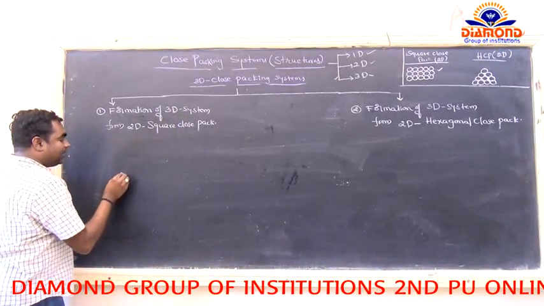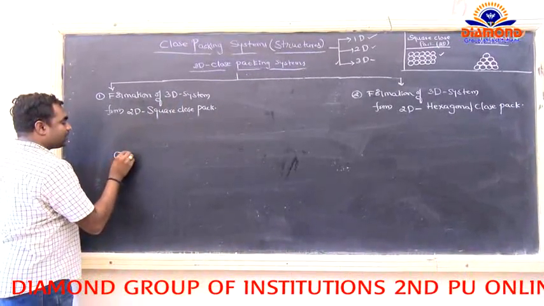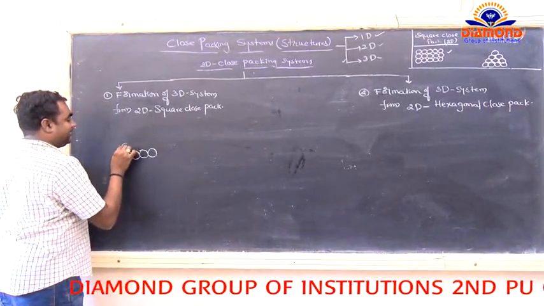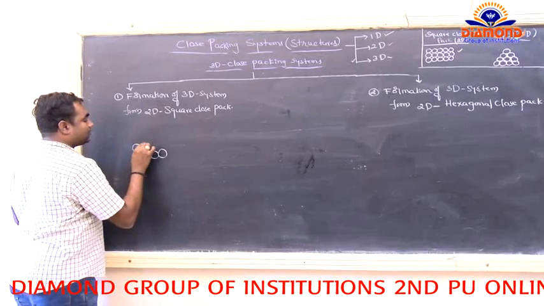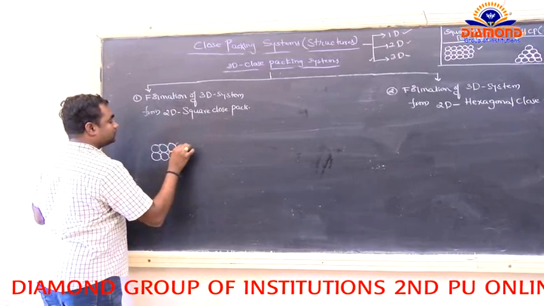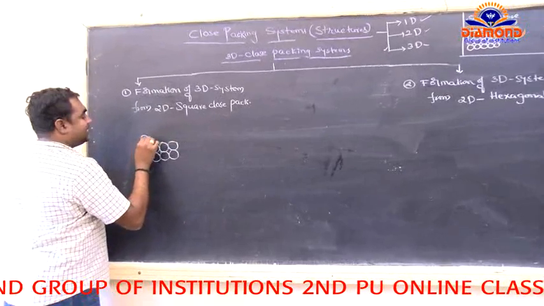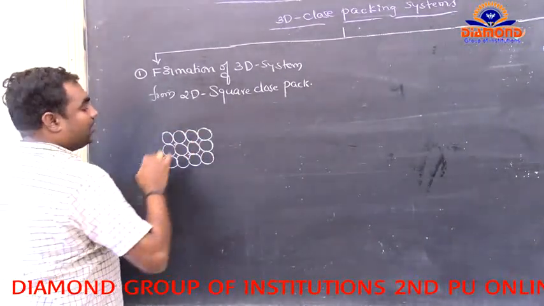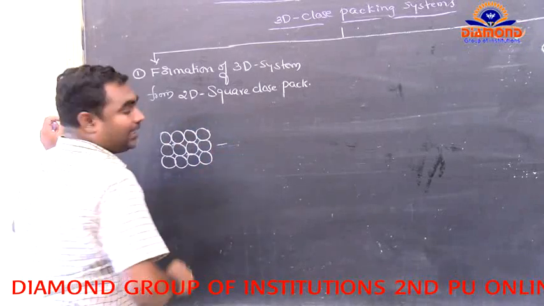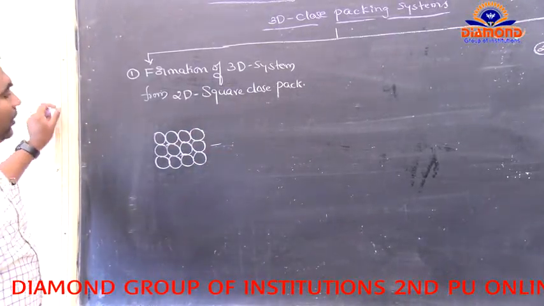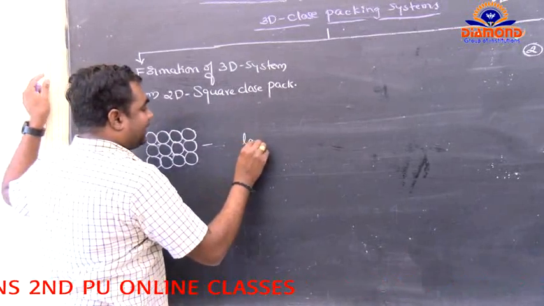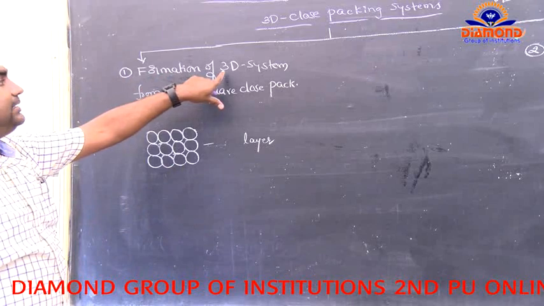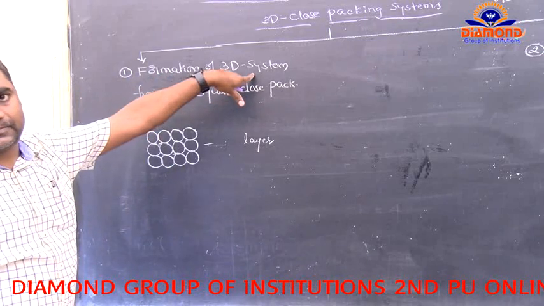We have to consider the square close pack here. This is the square close pack system, so it belongs to the layer. Now we have to arrange these layers in the three-dimensional system.